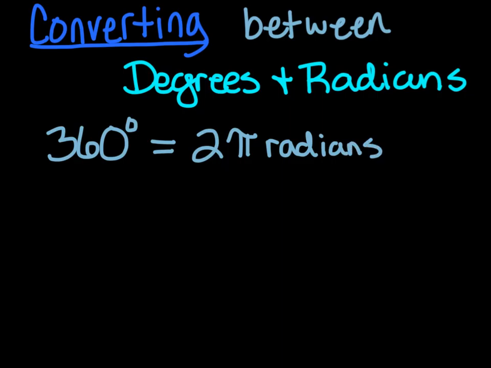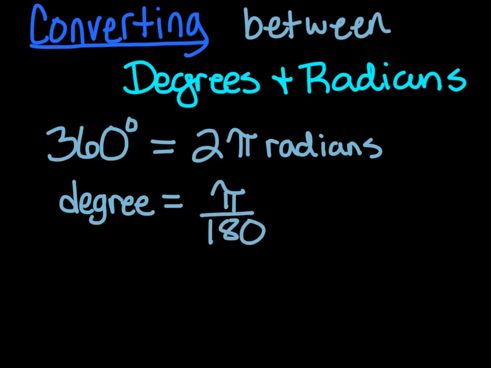So 360 degrees equals 2 pi radians. If I divide both sides by 360, keeping pi as a symbol, 2 over 360 reduces to 1 over 180. So to get radians, we're going to multiply our degrees times pi over 180.